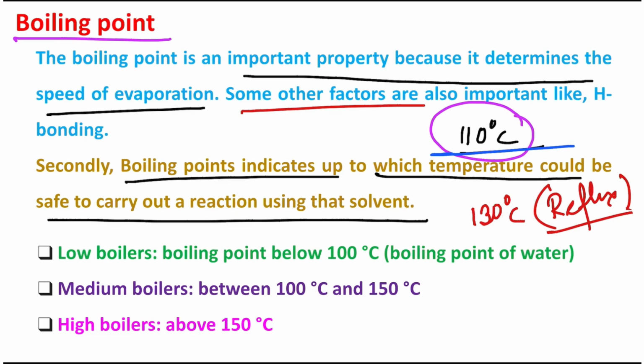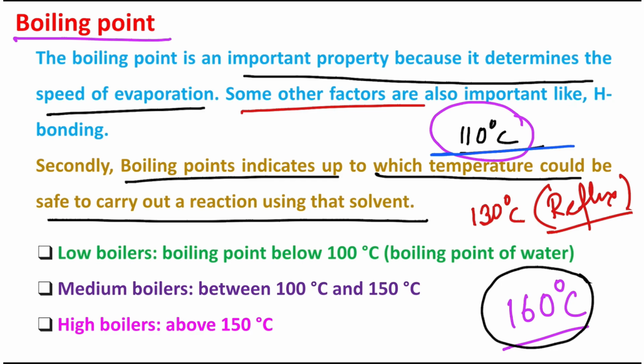Now if you want to carry out this reaction at 160 degrees centigrade, everything the same, solvent the same, is it possible? It's risky, students. Why? Because at 160 degrees centigrade it will generate a huge amount of vapor pressure, as the speed of evaporation is significantly high at this temperature.